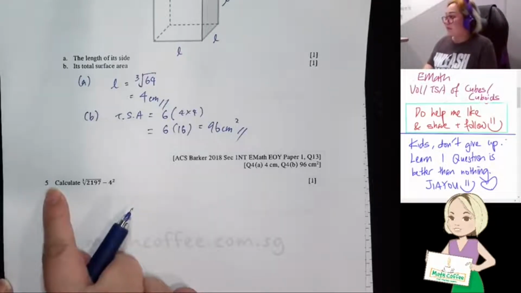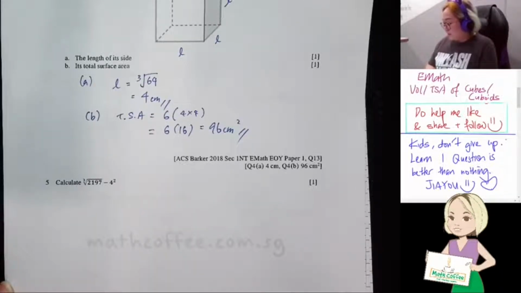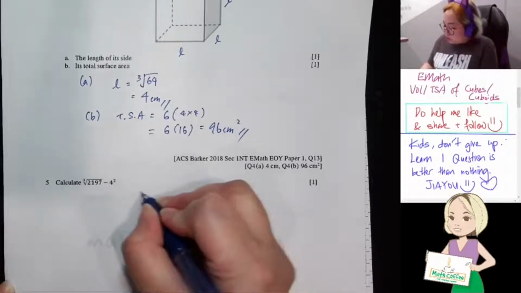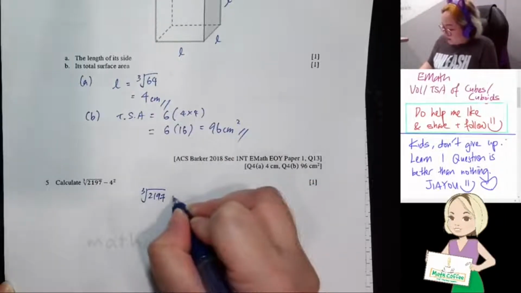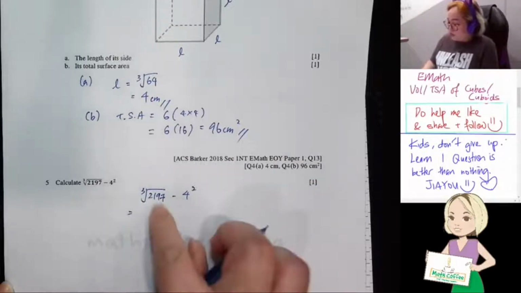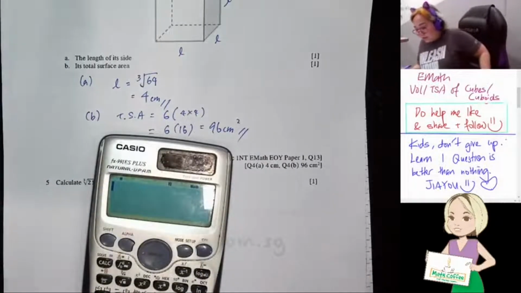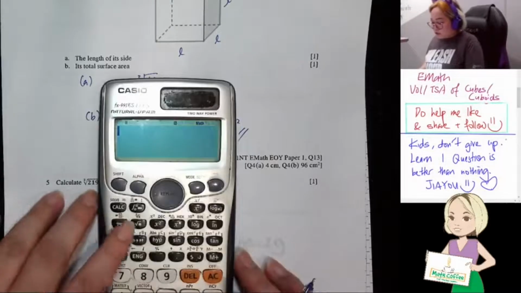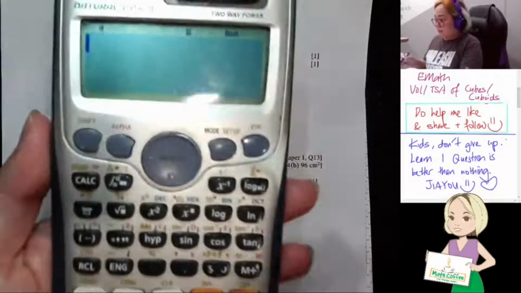Question number 5. For the calculator, this one is just pressing the calculator. So cube root of 2197 minus 4 square. But you'll be surprised, some students don't know how to key in the calculator.